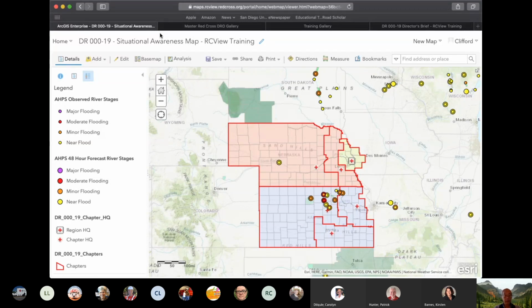Now this looks very familiar to what I've been demonstrating in the DR brief, situation awareness tab. That actually is a web app. Remember from my overview presentation, a web app is made out of a web map. The web map is made out of layers.